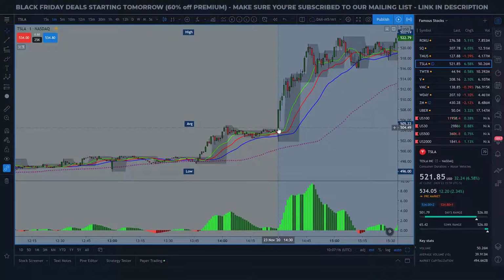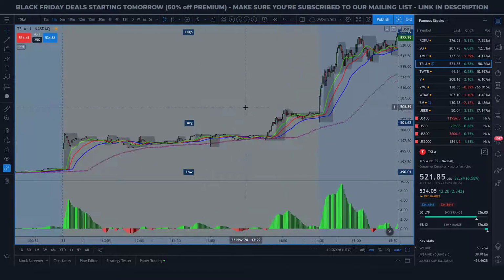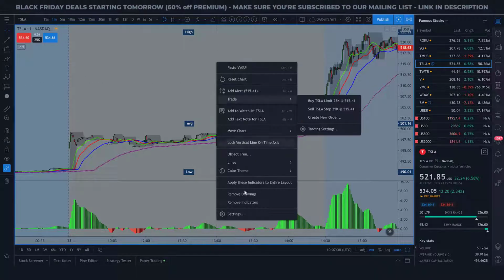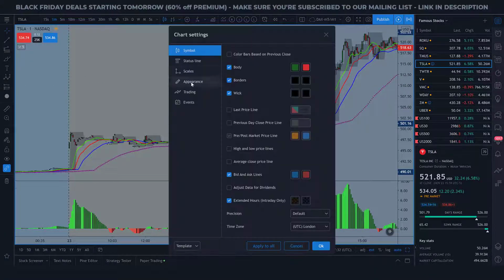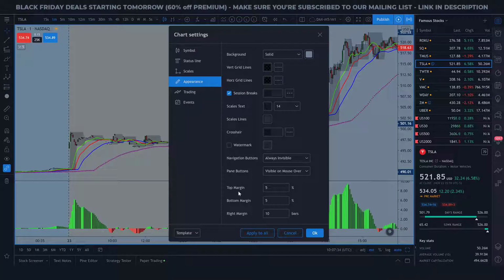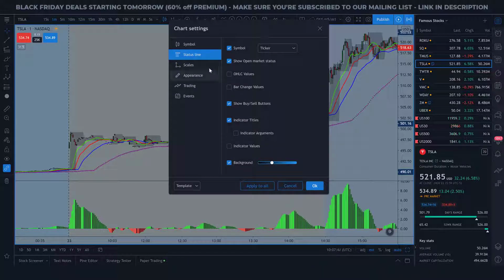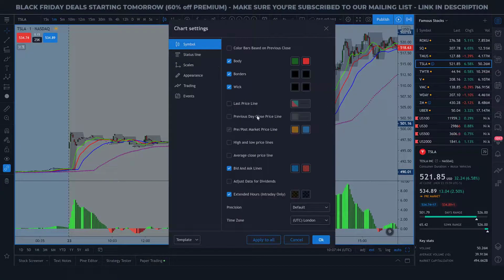What's this average high and low on your chart? Is it like an indicator? No, it's just a feature in TradingView. You can go in settings and find it and set it up. Okay, I'm forgetting now where I got it from.